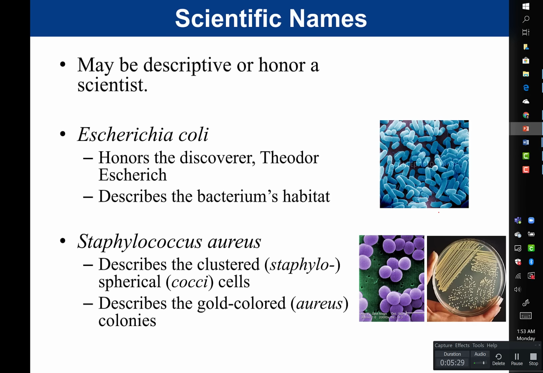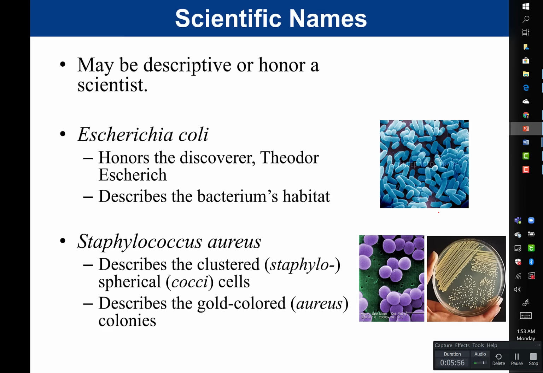So if we look at the way that organisms are named, they may be descriptive, meaning they may tell you something about the organism themselves, or they may have a name that honors the scientist who discovered it. So, for example, Escherichia coli honors the discoverer, Theodore Escherich. Coli is going to be used to describe the bacterium's habitat.